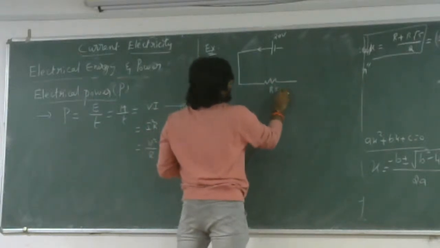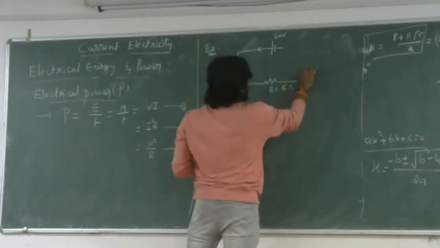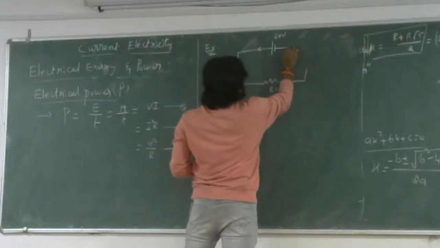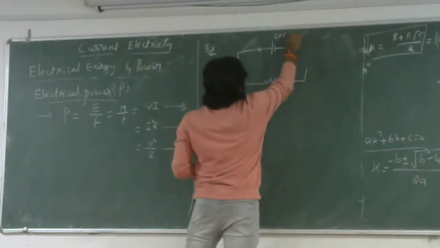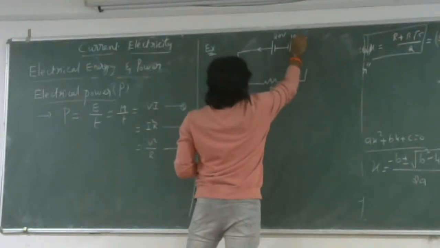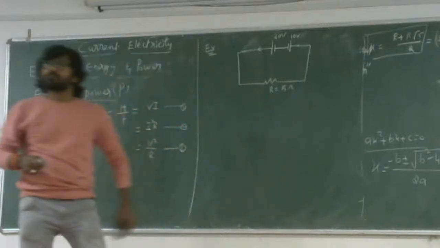You can consider some 5 ohm, and this is further connected to another cell which is connected in this fashion, whose EMF is, I can say, 10 volts. Are you following everyone?